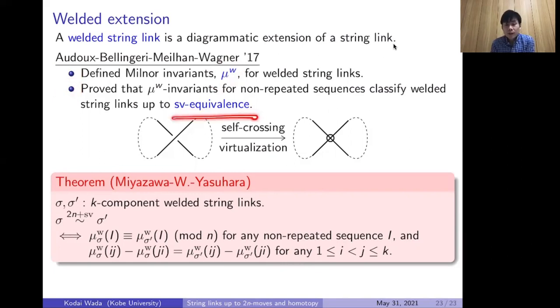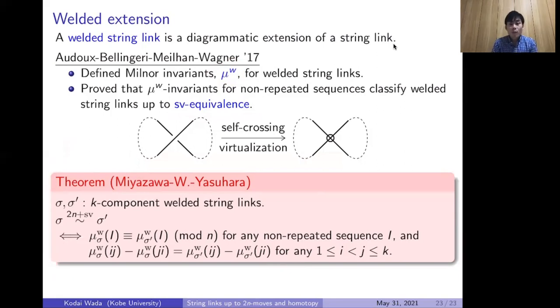This equivalence relation is generated by this local move called a self-virtualization. Using mu w invariants and SV equivalence, our classification result of classical string links can be extended to virtual links like this.